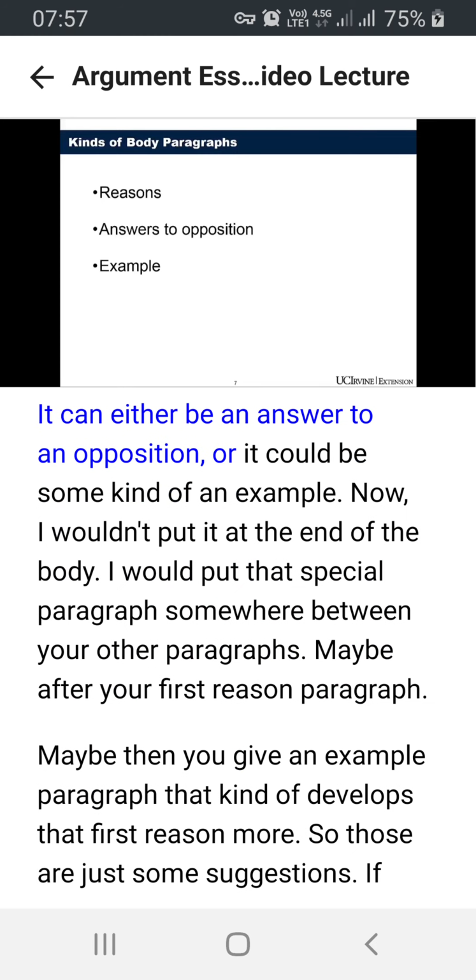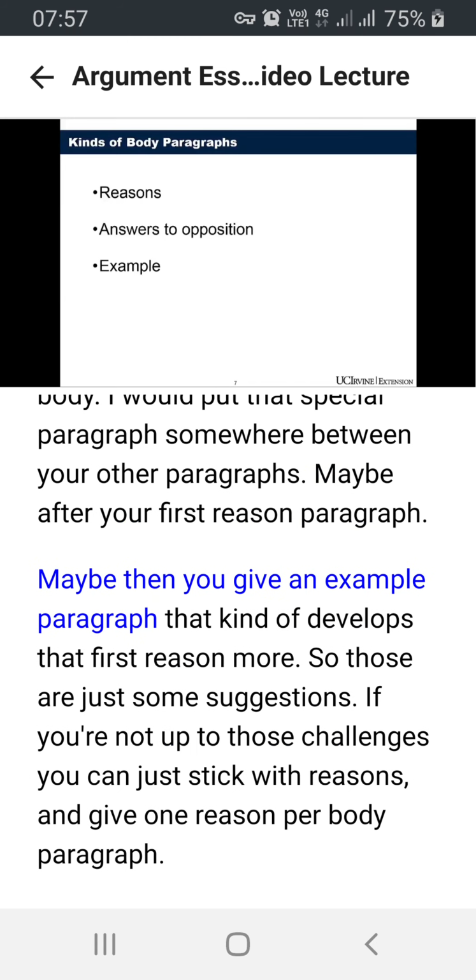It can either be an answer to an opposition or it could be some kind of an example. Now, I wouldn't put it at the end of the body. I would put that special paragraph somewhere between your other paragraphs. Maybe after your first reason paragraph, maybe then you give an example paragraph that kind of develops that first reason more.